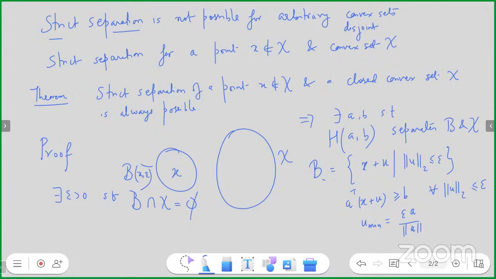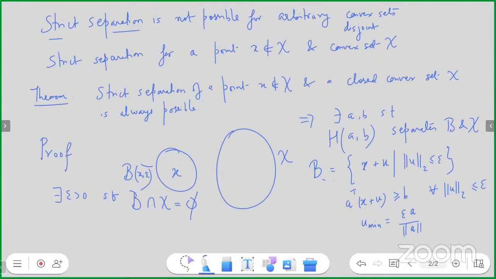How are we getting that epsilon? For all u, this is the constraint, right? I can't allow u to be larger than epsilon because I'm just rewriting the ball. So all points in the ball are writable like this: translations of x such that the 2-norm of u is less than epsilon. Under this constraint, what is the minimizer of this length?